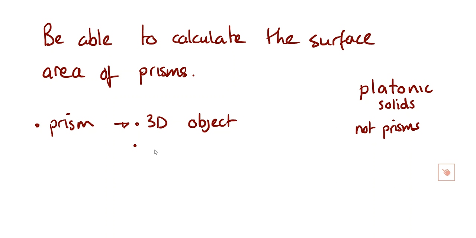This is a prism. My cup is not, because it gets wider, and it's not closed. So the definition of a prism is that it has what we call a constant cross section. Okay?